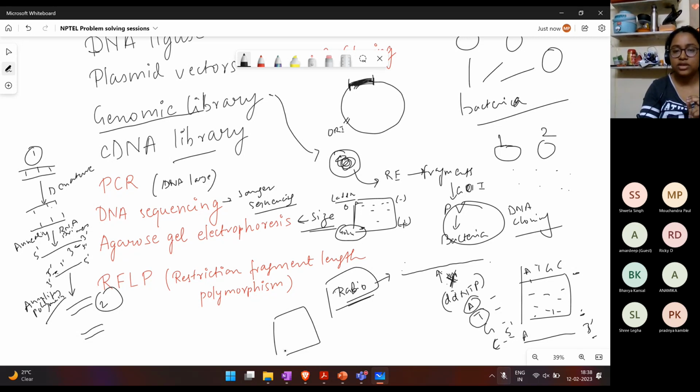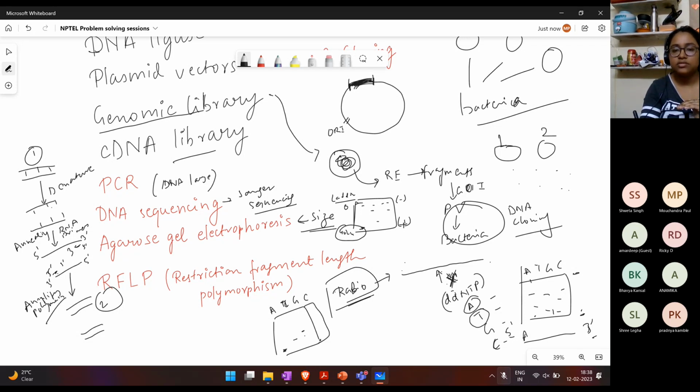I'm trying to draw it as clearly as possible. So this is A, T, G, C. This is the smallest, A, and then slightly bigger, above the T, G is there.